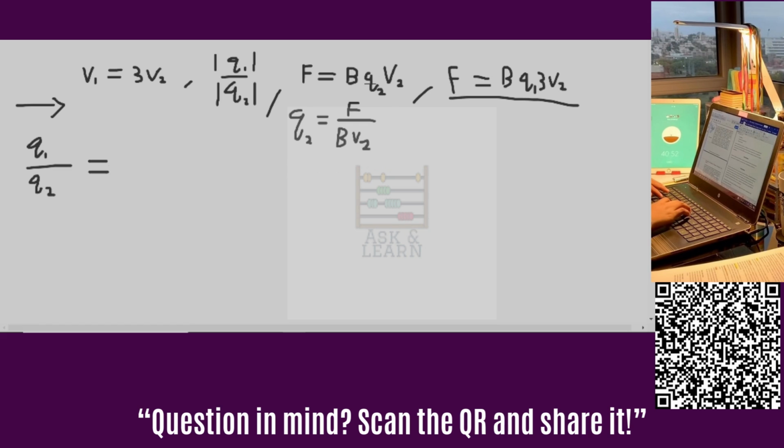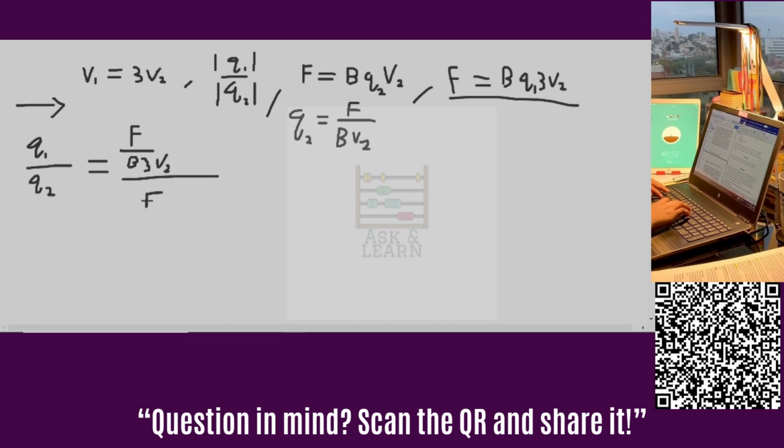So we'll have the reworked Q1, which is the same as this one, but with a 3. So we have F divided by B 3 V2. All of this divided by this equation.